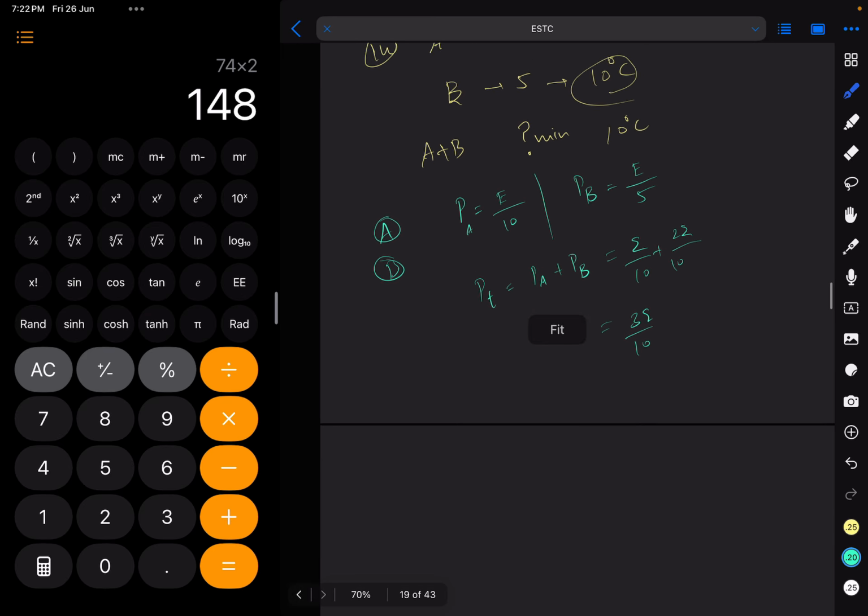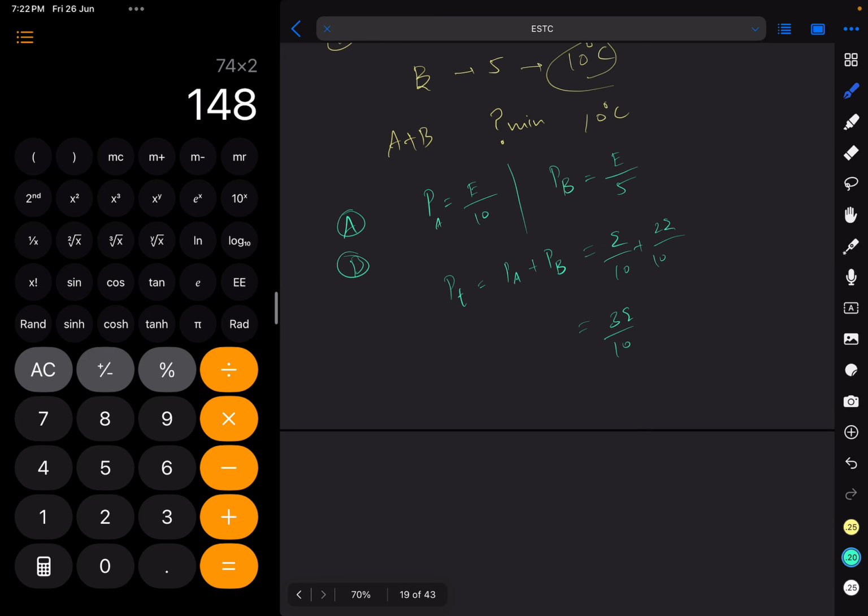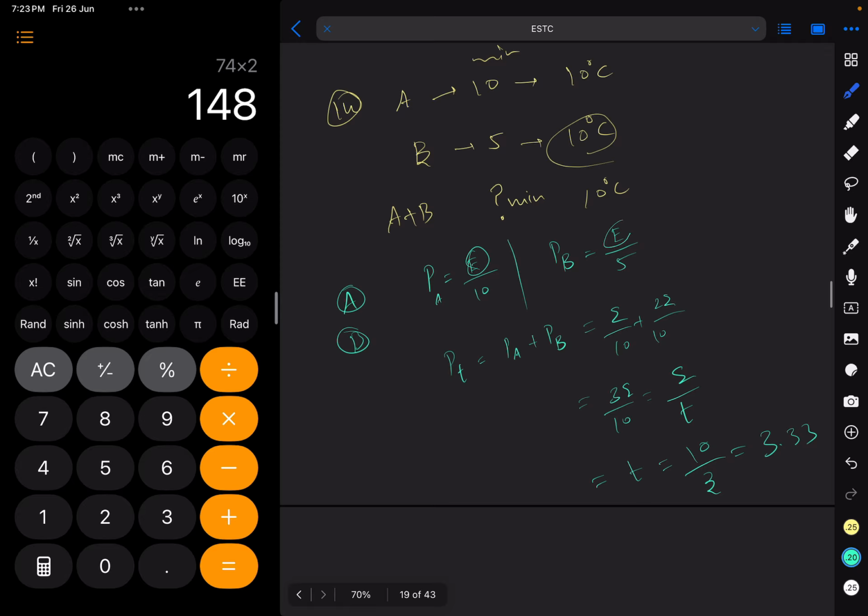Actually, it is E by T, so it's going to be 10 by 3, which is 3.33 minutes. I'm considering the energy of A and energy of B as the same because I'm assuming both heater coils are connected to the same power supply or socket. So my answer is 3.33. I'm scared.